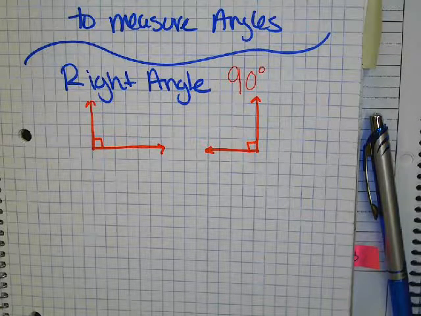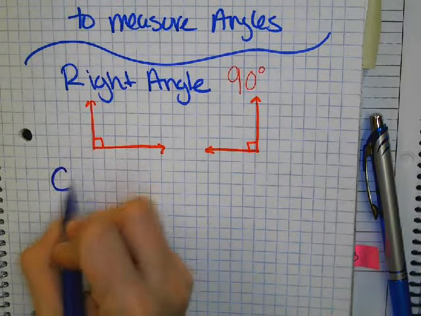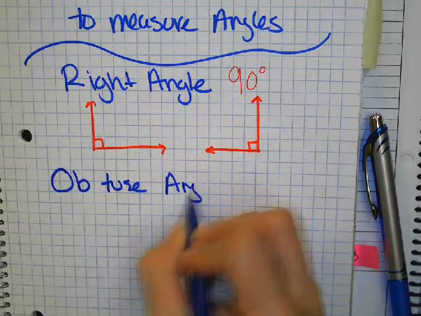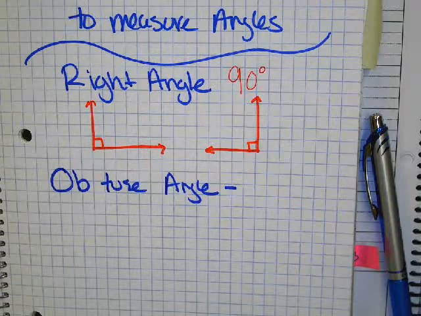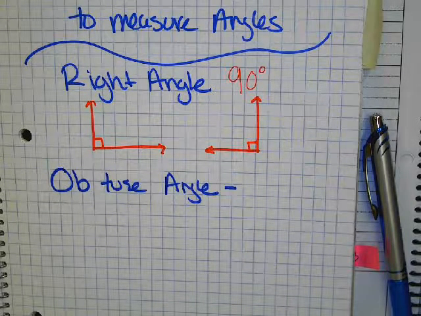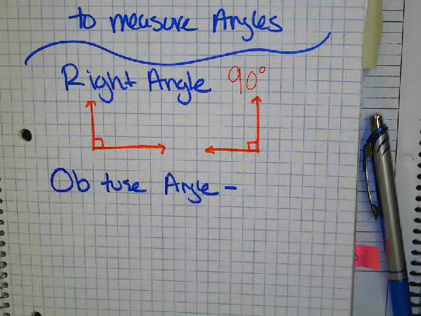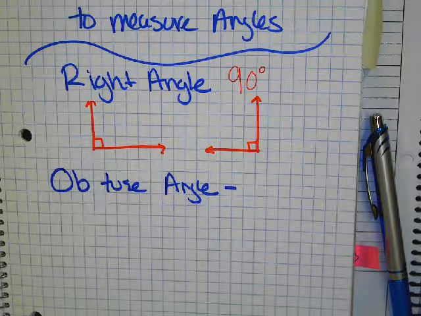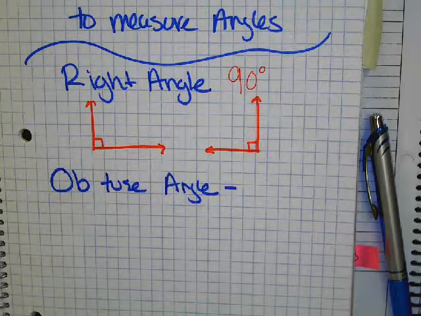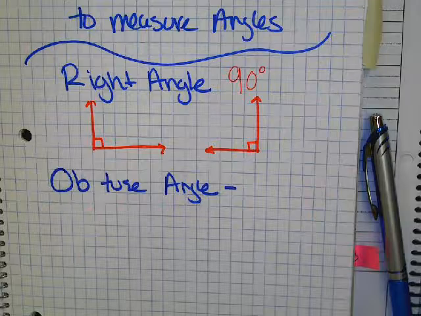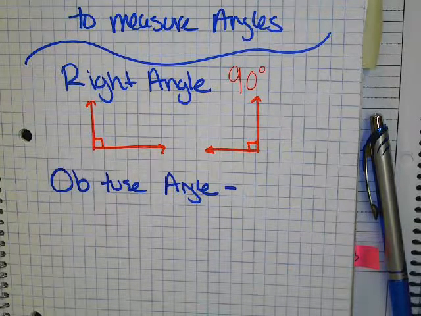Okay, the next angle is called an obtuse angle. Does anybody know what an obtuse angle measures? Not 180. Over 90, but less than 180, because 180 has its own name.